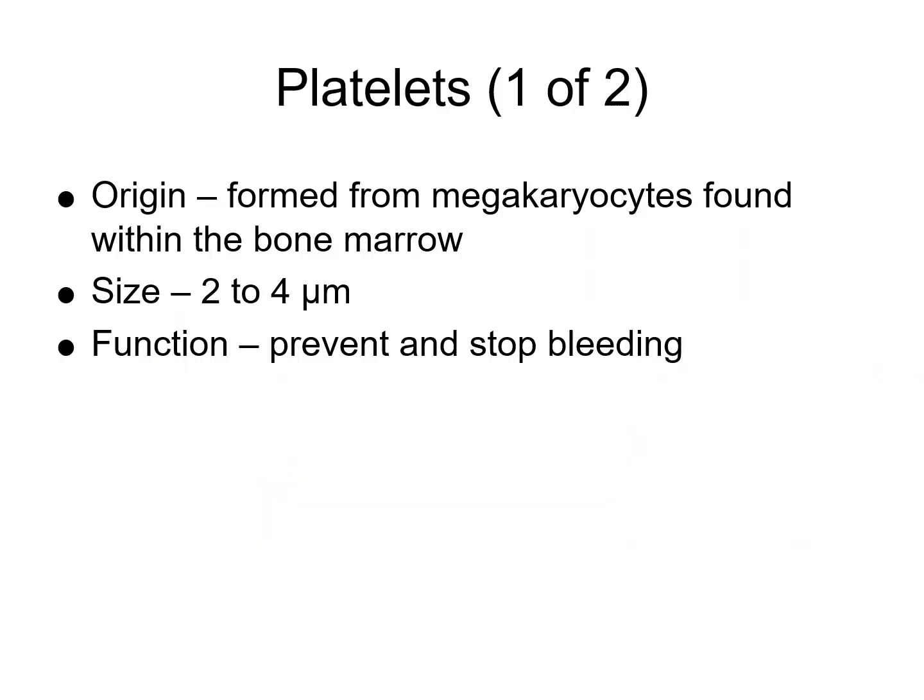And then we move on to platelets. Platelets, or thrombocytes, are formed from megakaryocytes, which are located in the bone marrow. They are small cell fragments that measure about 2 to 4 microns in diameter, so they are smaller than red blood cells. Their function is to play a crucial role in preventing and stopping bleeding by participating in blood clotting, or hemostasis.